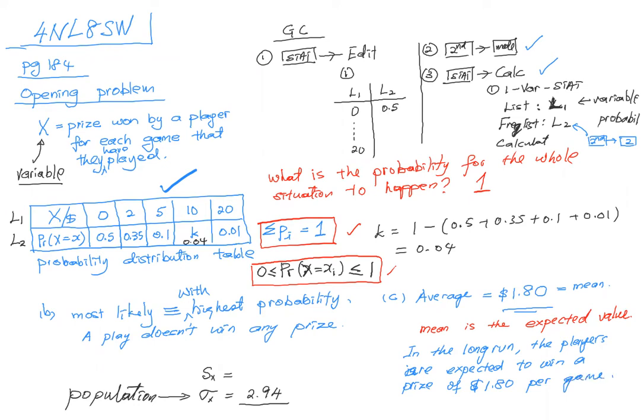That means when I go and play this game, if the average is 1.8, I expect in my mind, oh, I will win 1.8. I may win more, I may win less. It's just your expectation. Understand or not? So that is the meaning of mean.